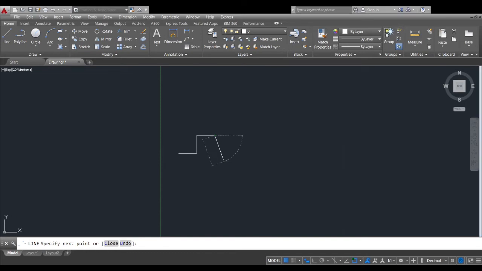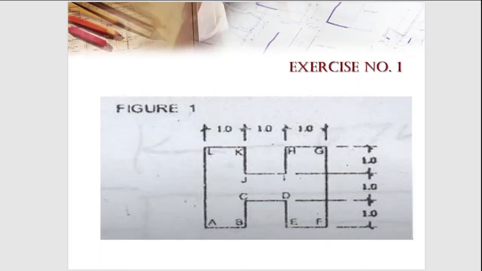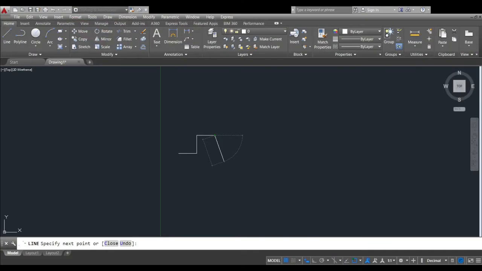Okay, so let's go back to the figure. Going to point E, we have the same x-coordinate, only the y-coordinate moved downward by 1 unit, making the coordinate of point E to be 3, 10. So, hashtag 3 comma 10, enter.